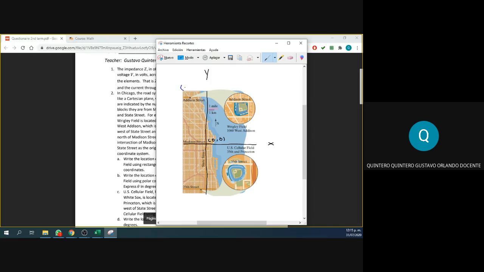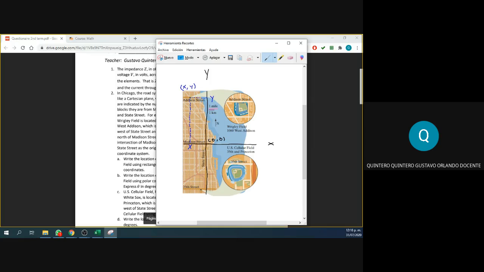Remember, coordinates are like this, x, comma, y, right? If I go down here, this will be the coordinate for x, and if I go to the right, this will be the coordinate for y. So we have to find out that part.